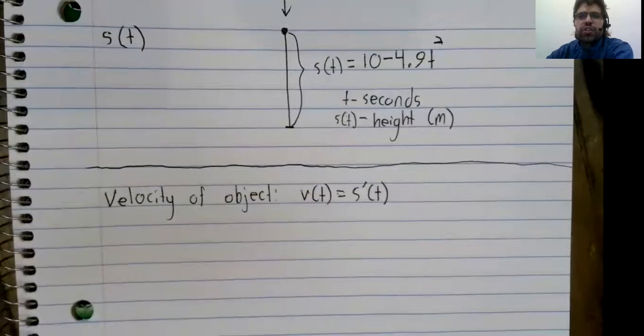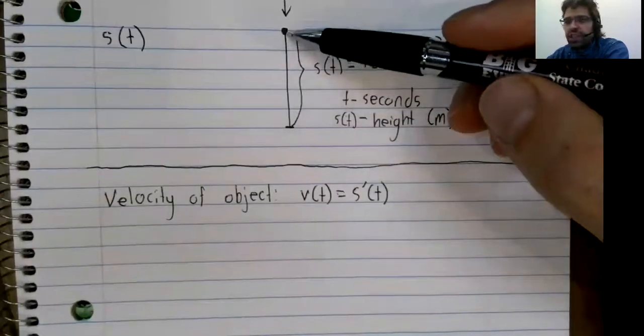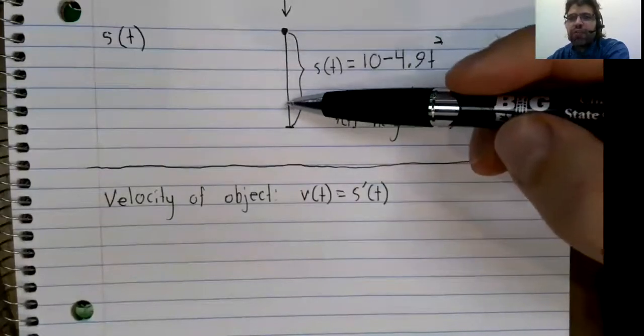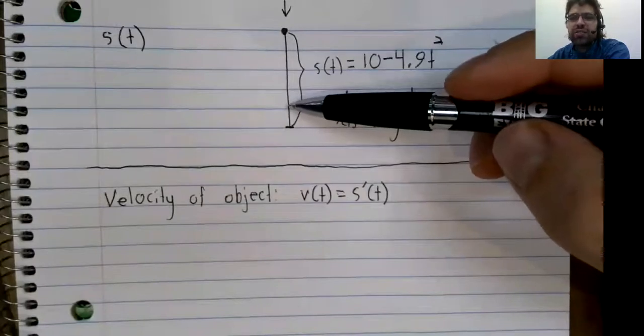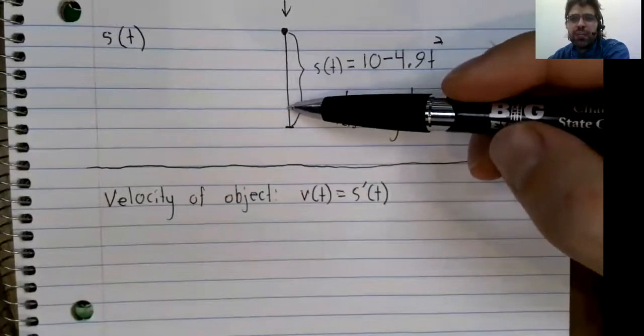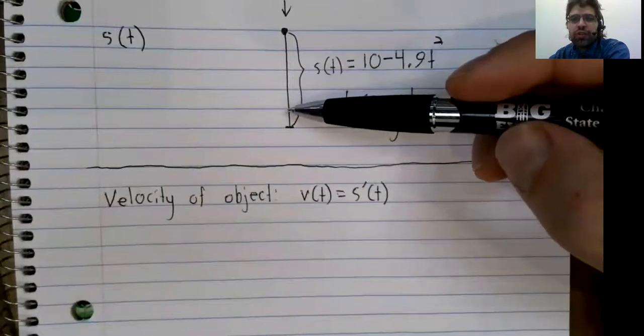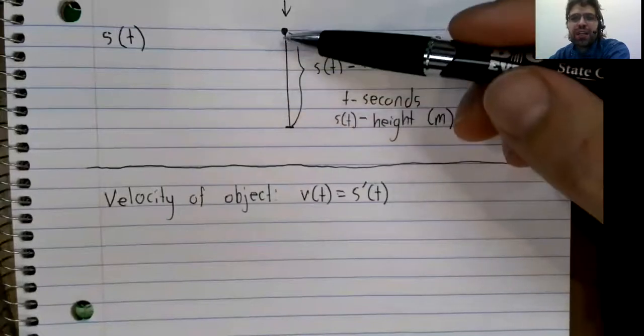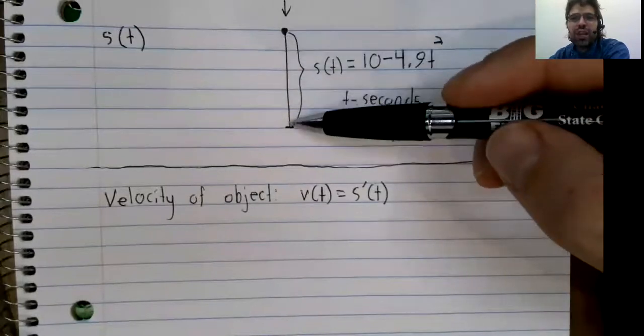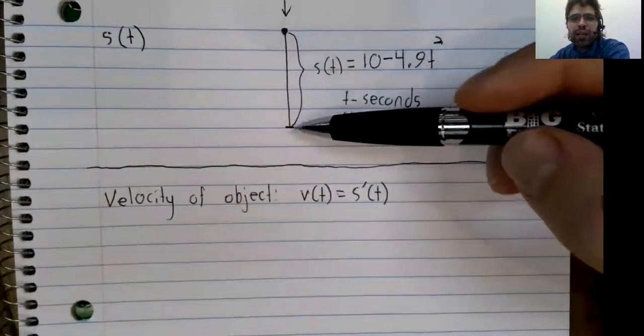And in addition to, I hope, being intuitively sound, remember that the derivative is the rate of change. So the derivative of this is telling us how fast the height is changing, which is just a convoluted way of asking how fast the object is falling.